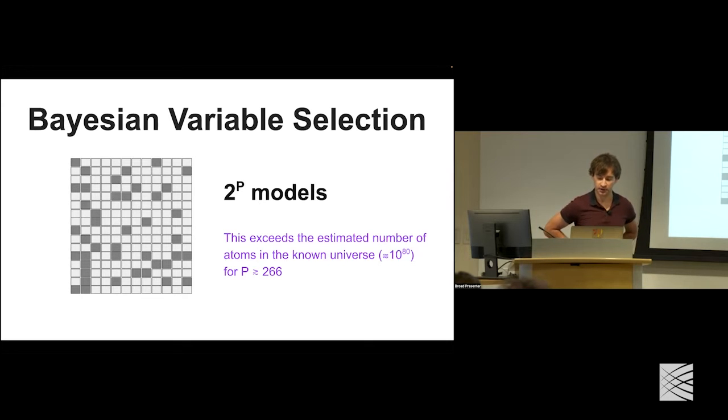So for example, the estimated number of atoms in the known universe, which is like an entire Hubble volume, many, many, many light years of space, an unfathomably large amount of space. Even in that amount of space, we have an estimated 10 to the power 80 atoms, and 2 to the P already exceeds that for P of 266, right? So if P is, say, 1,000, it's completely infeasible to enumerate this space. 2 to the P is incredibly large, and so we need a different strategy.